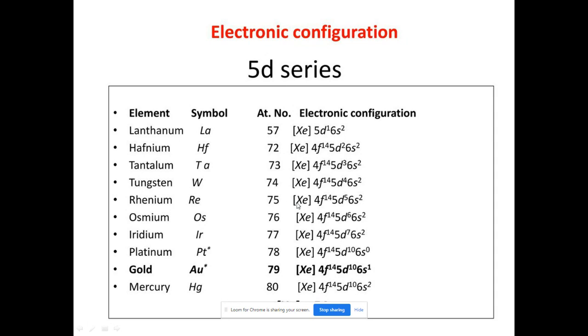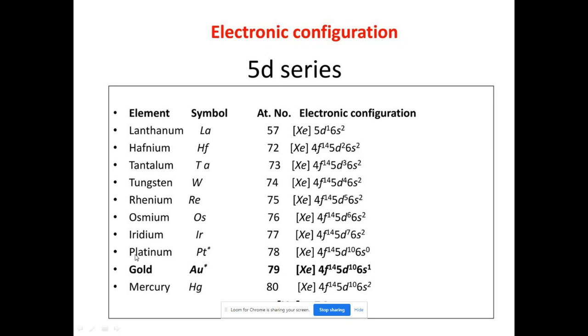Electronic configuration is xenon 4f14 5d5 6s2. And the next one is osmium with the symbol Os, atomic number 76, electronic configuration xenon 4f14 5d6 6s2. And the next one is iridium with the symbol Ir, whose atomic number is 77. Electronic configuration is xenon 4f14 5d7 6s2.